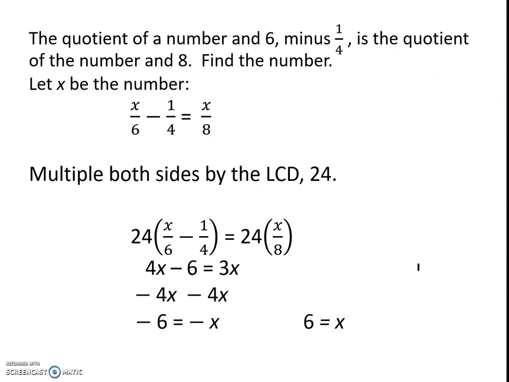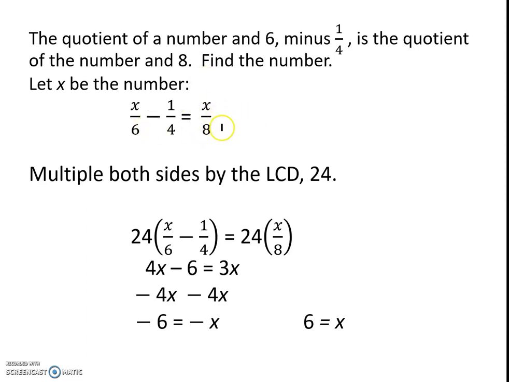Our next problem, we're asked to find a number: the quotient of a number and 6. The quotient of a number means to divide, so we're letting our number be x. So it's x divided by 6 minus 1/4 is the equal sign, the quotient of the number and 8, so there's our number divided by 8.